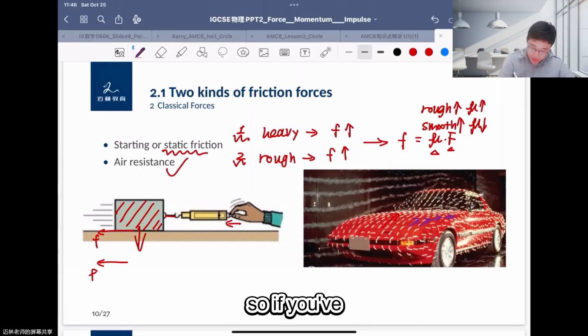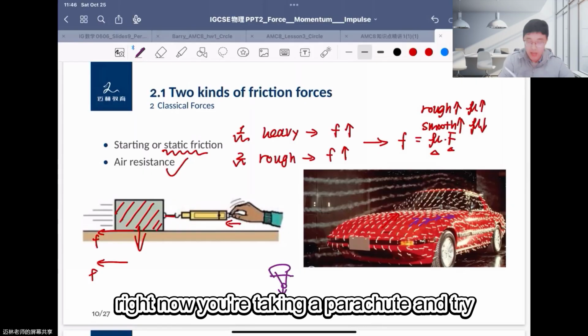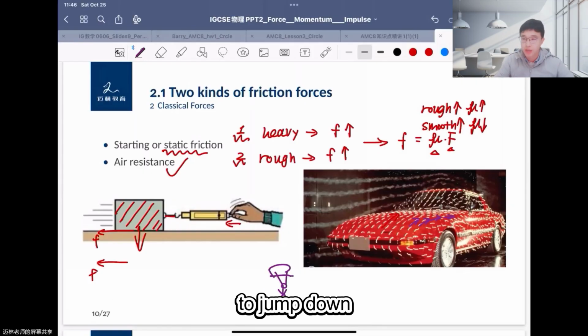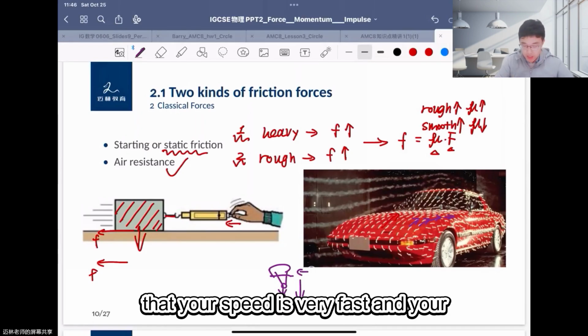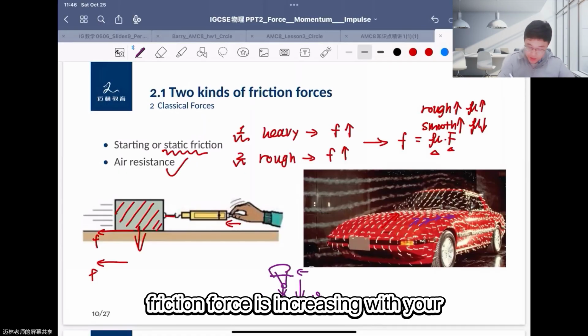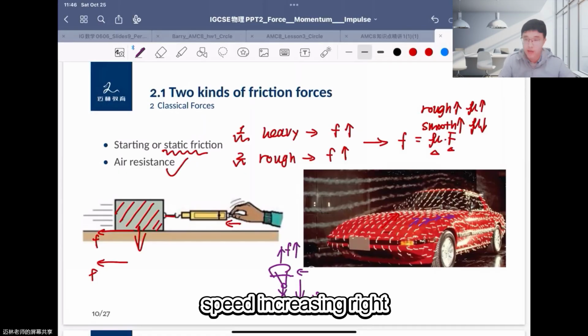If you take a parachute and jump down, before you open your parachute your speed is very fast, and the air resistance force increases as your speed increases.